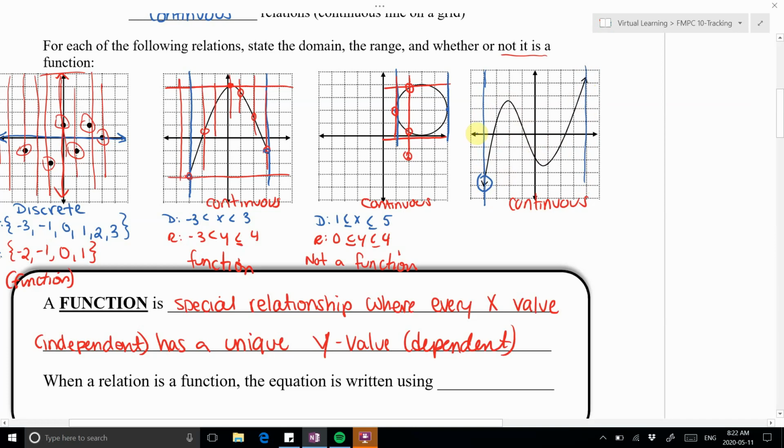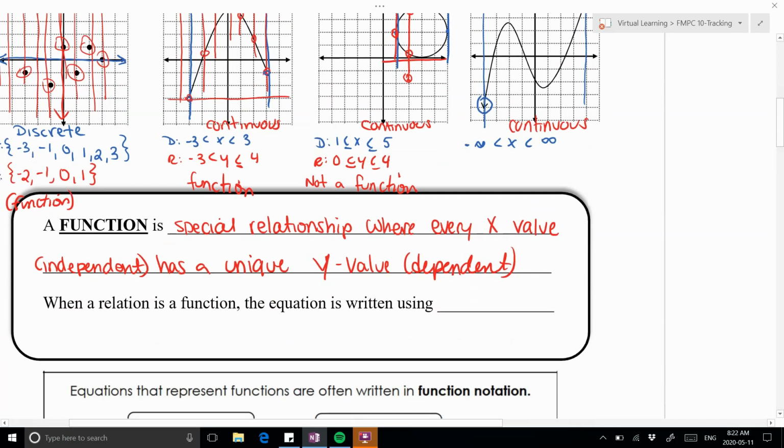And so if it's continuing in the negative direction, that's going to continue to negative infinity. And I actually have the same thing on the other end, so that one's going to continue to positive infinity. And here I don't put the lines under because technically we can never be equal to infinity.